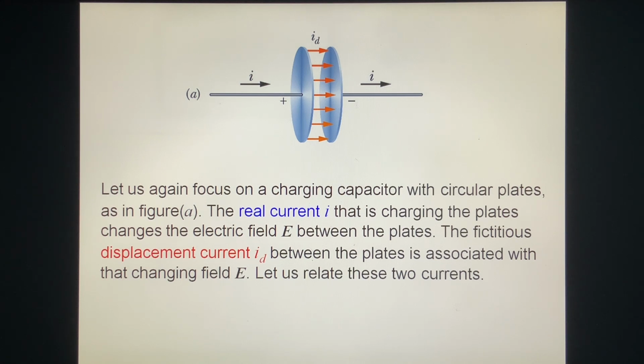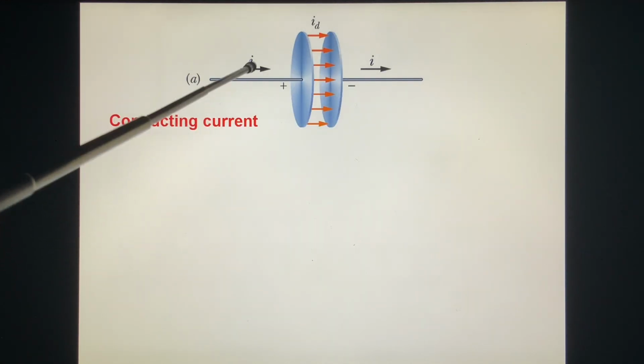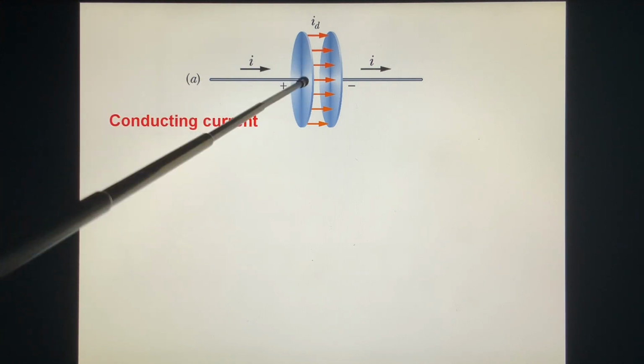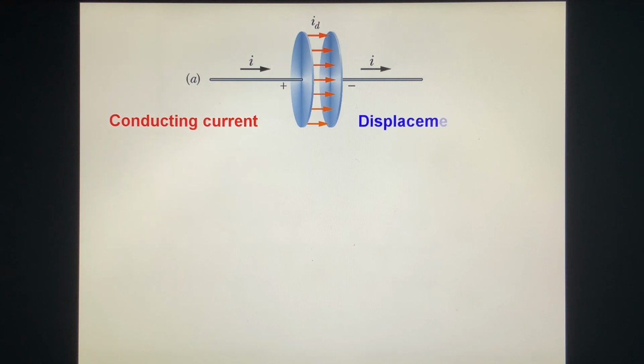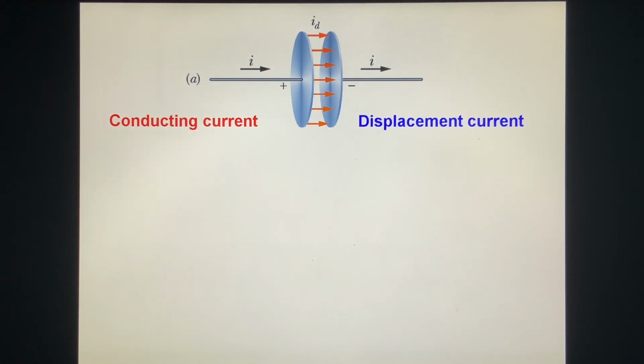Let's relate these two currents, I D and I. Look at this conducting current I. This I is related to the Q here as dQ dt. Look at this one, the displacement current definition: epsilon 0 d phi e dt.